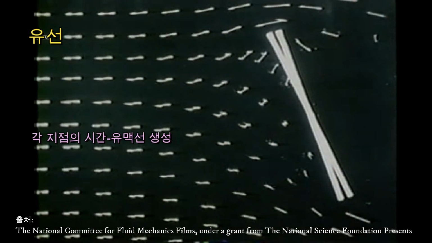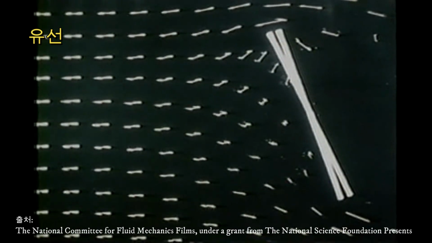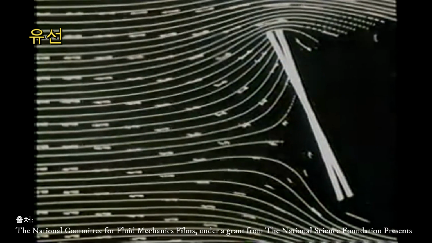Here you see the short dashes made by connecting the endpoints of the time streak lines. They show us the velocity direction at each point. If we draw lines parallel to them, these are the streamlines.